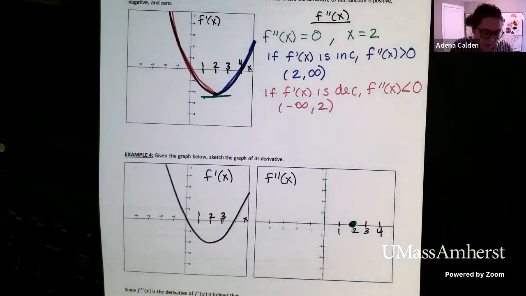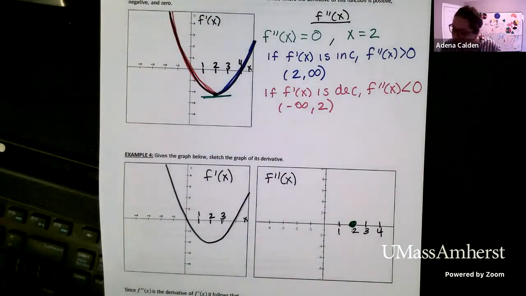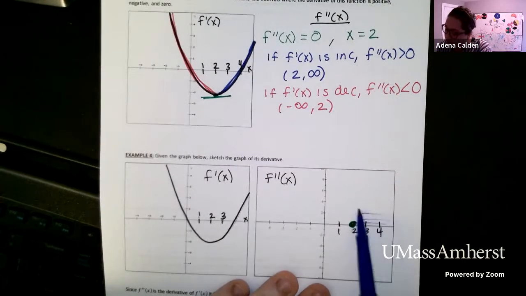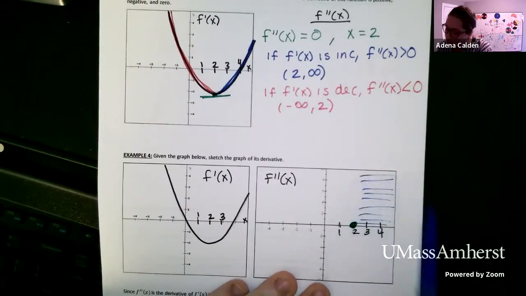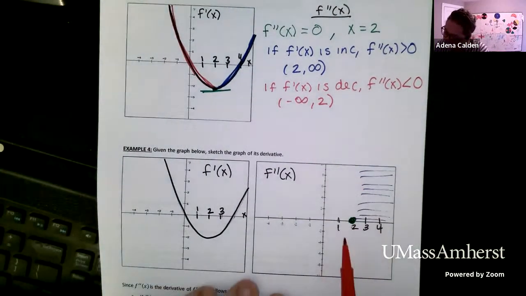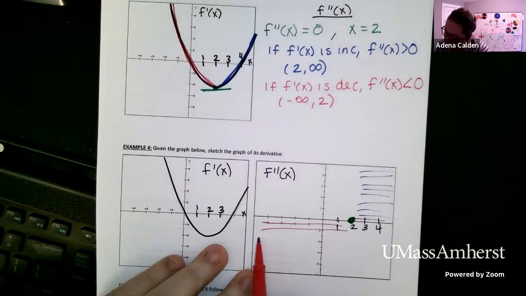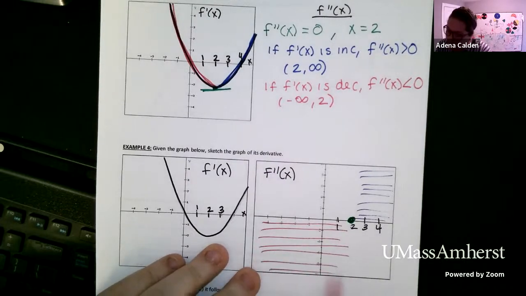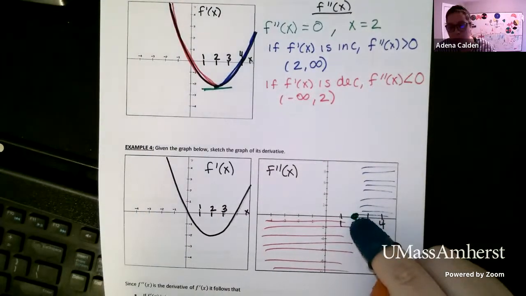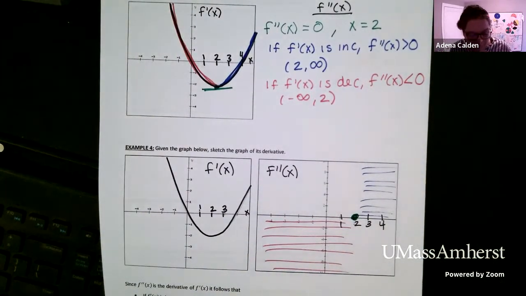So from my work, I know that from 2 to infinity, so after 2, my function should be positive. Somewhere up here. And that from negative infinity until 2, my function has to be negative. So I have to start down here. I have to go through this 0, and I have to end up here.